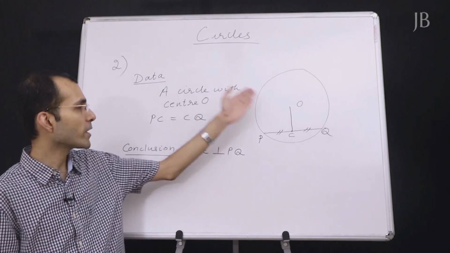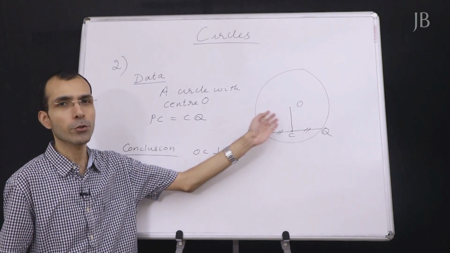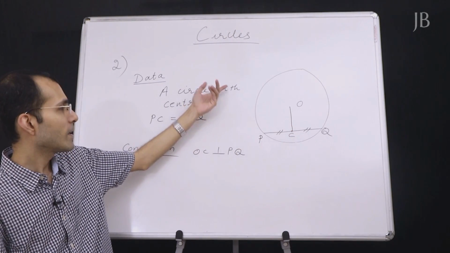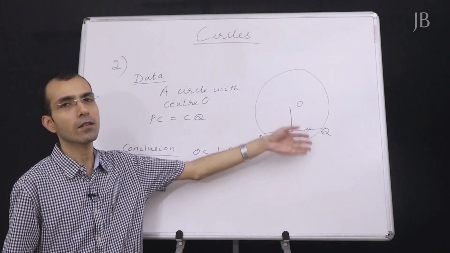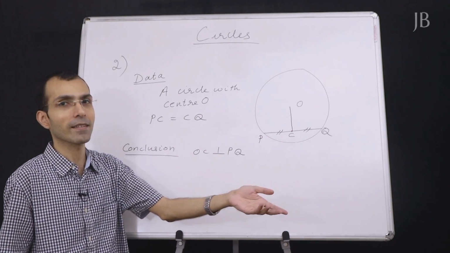You join OP, join OQ, and basically try to prove these two triangles congruent, which you can easily prove by the SSS test. Then, if two triangles are congruent, these two angles will be equal, corresponding angles of congruent triangles.